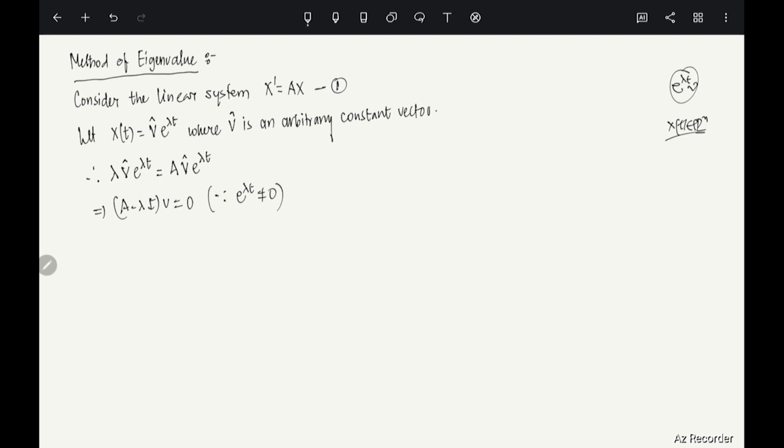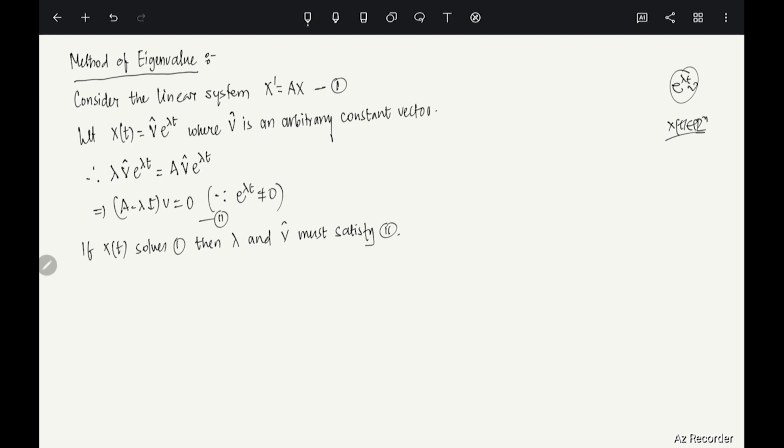So you see what happened was this. If x of t solves 1, then lambda and v must satisfy, let's call it 2, equation 2. Now, 2 is nothing but the eigenvalue problem.